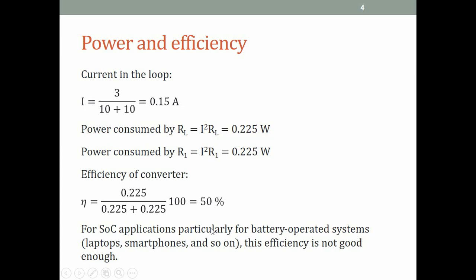We don't want to waste 50% of power because the battery will drain that much quicker. So we want to look for ways that will reduce the power consumption by the DC to DC converter itself, so that a majority of the power supplied by the 3 volt source actually reaches the chip or the system that we are trying to drive.